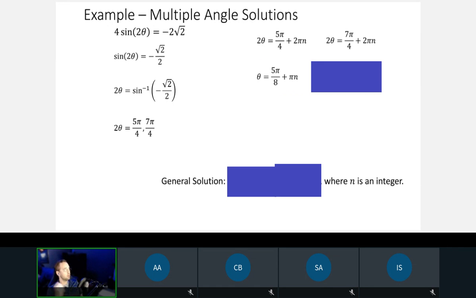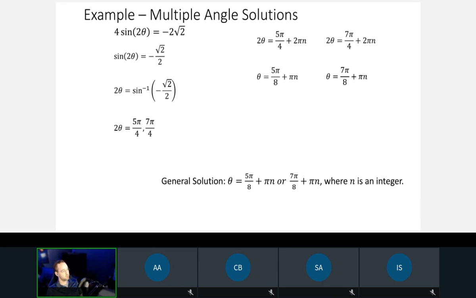So 2 times a half is just 1 theta. 5/4 times a half is 5/8. And 2 pi times a half is just pi. Same thing for the other one. Multiply everything by half. And now we're done. We have the 2 answers.